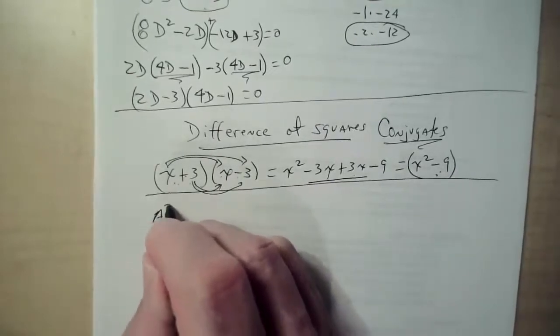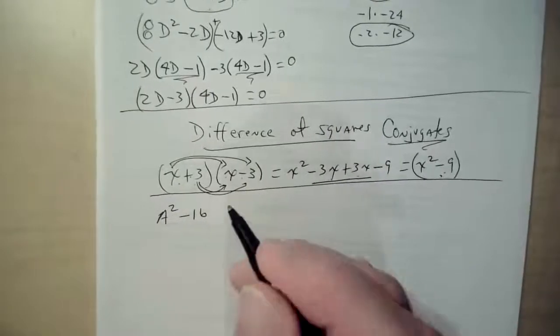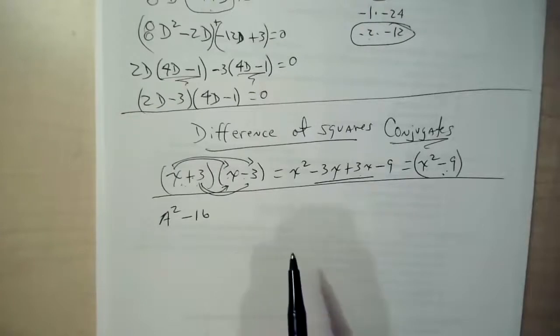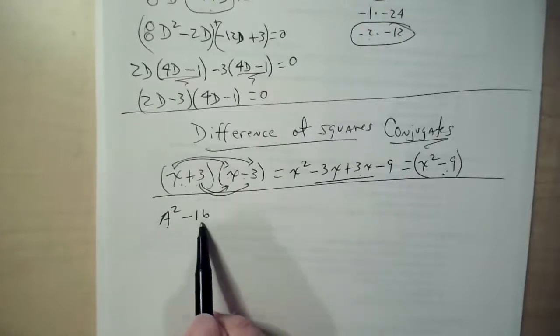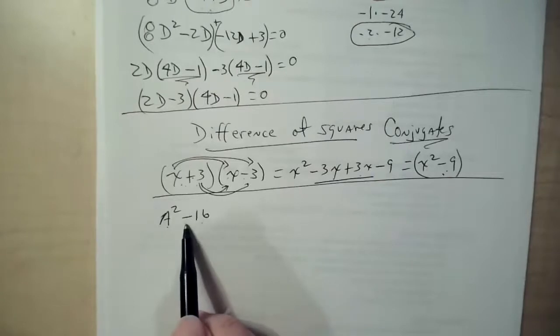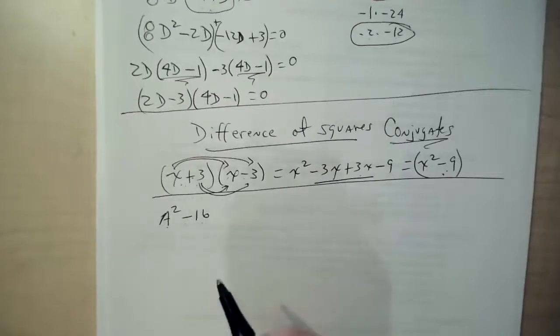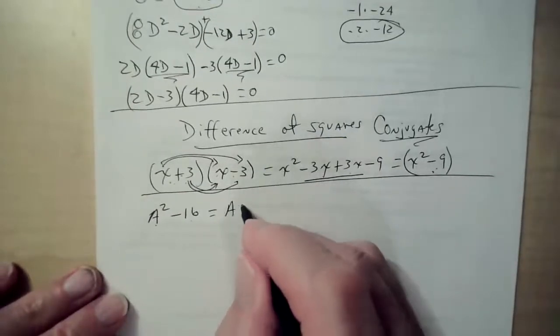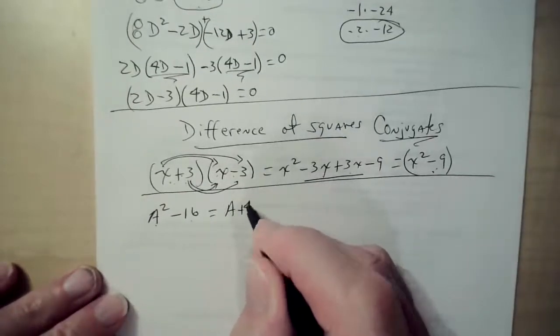Now, what if we have this? a squared minus 16. What do we have here? A nice, pretty conjugate. They're both perfect squares, and it's the difference of. Difference means to subtract, of course.